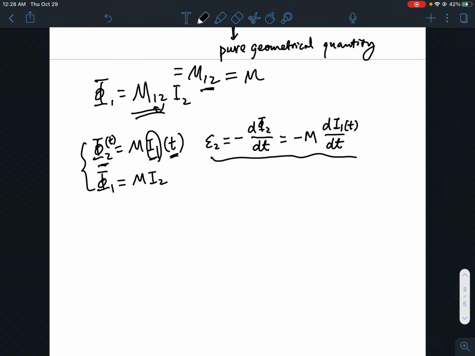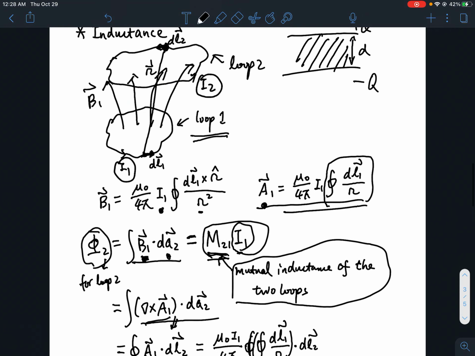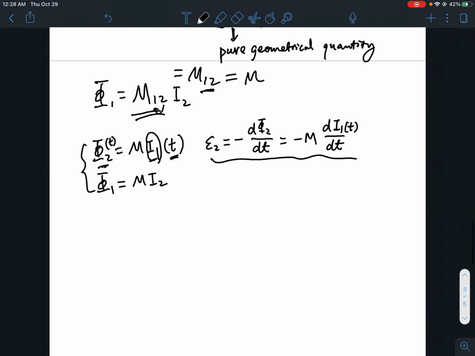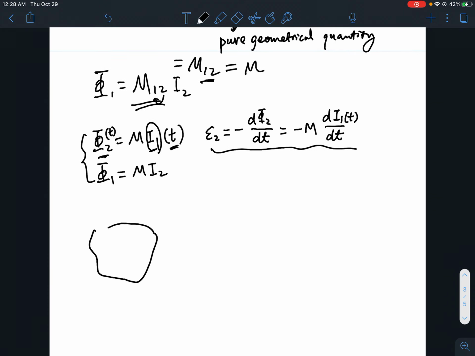Another thing is, of course, that changing the current in loop 1 creates the B field. Let us now only consider one loop. If we have a current, let us assume it is I, it creates the B field.